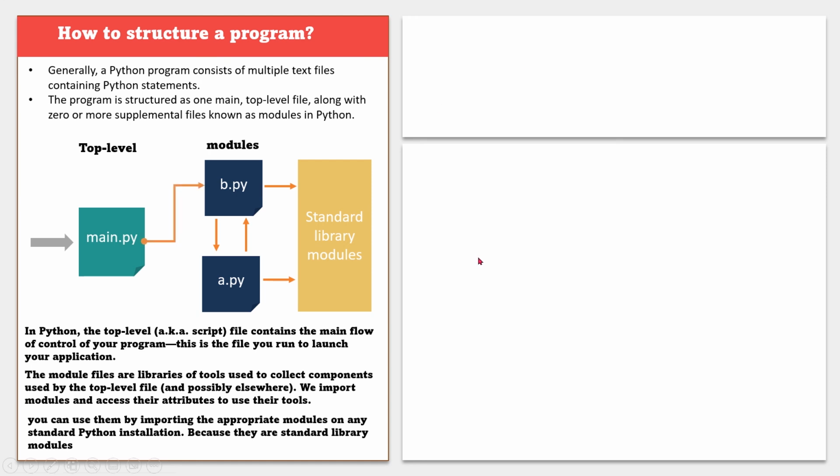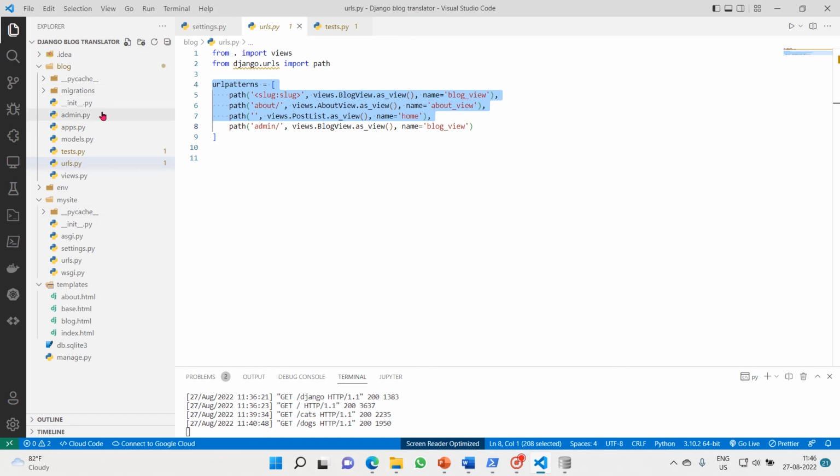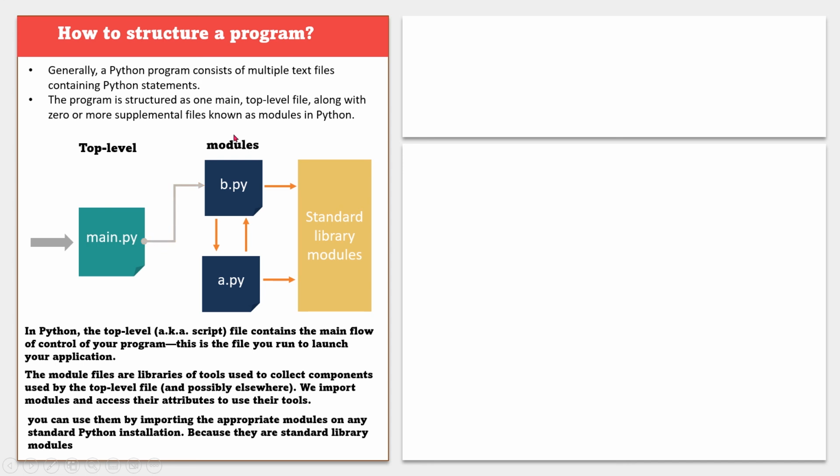If it is a bigger application, we will write a package. So blog is one package, my site is another package. How do you notice that this is a package? It should have an init file, then only it can work as a package, then only you can access modules from it. Once you get the modules, these modules also get tools from standard libraries.